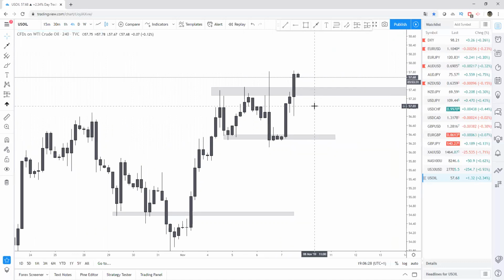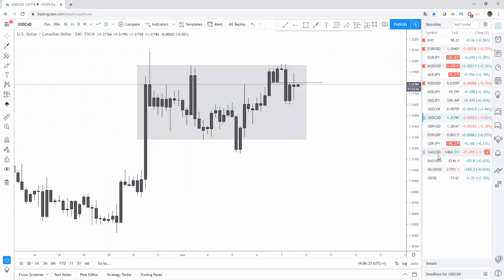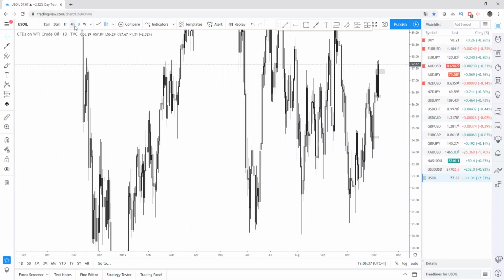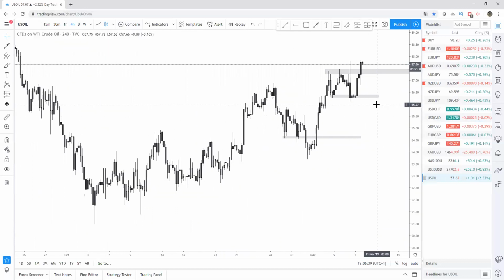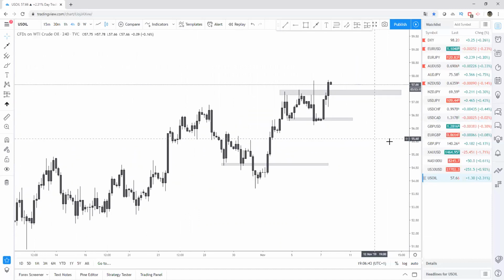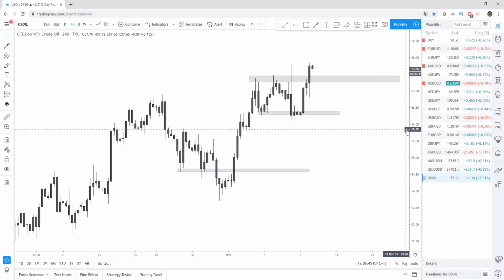So I think USD CAD is going up just because of that and some other things. So I think you should consider that too. Of course, we are technical traders, but sometimes that kind of information could be like gold for us.